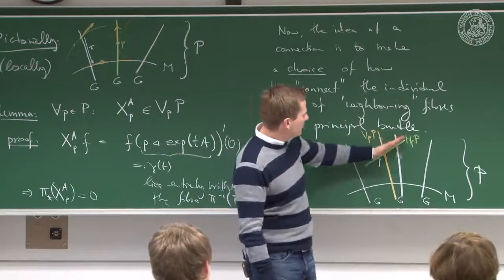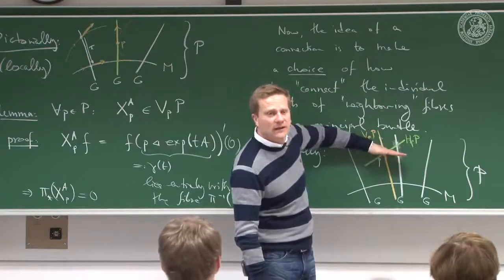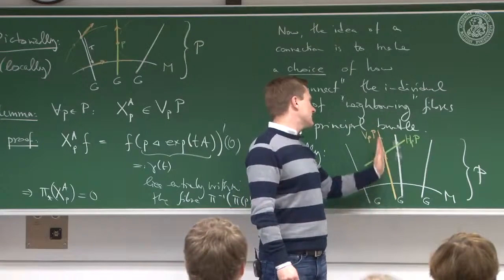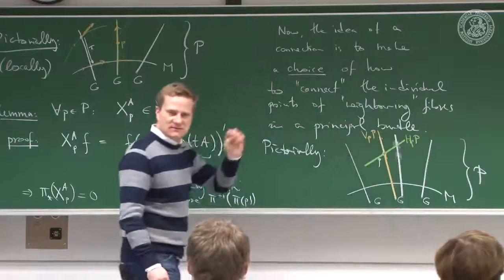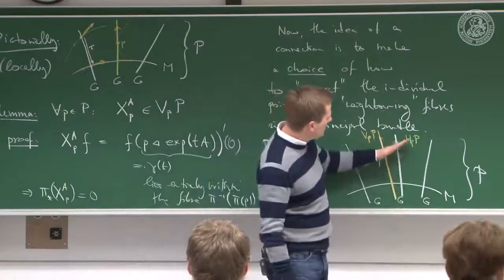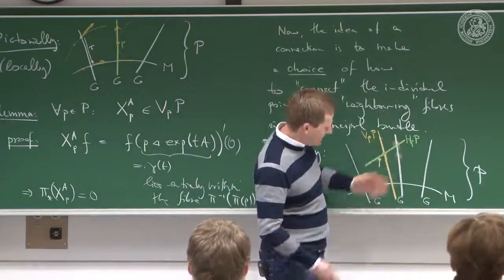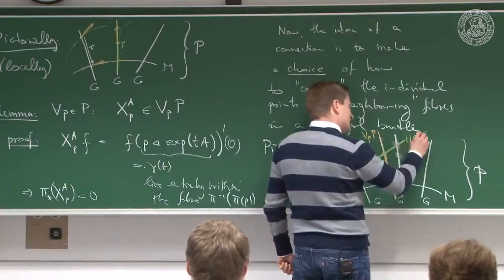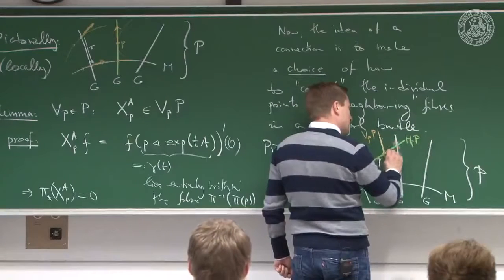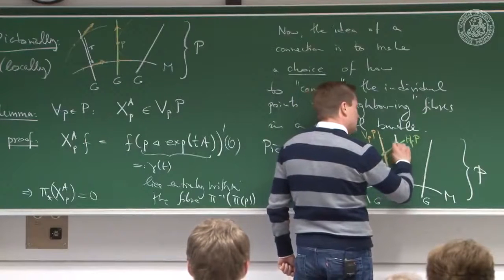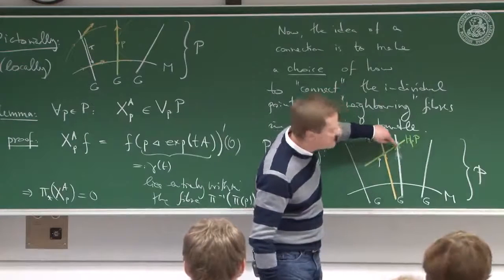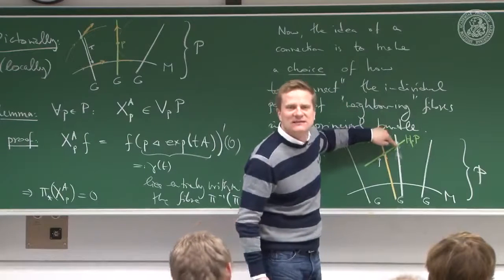Okay, so I choose a complementary subspace here, H_P P. And of course, I could have chosen a different one and a different one. The only one I cannot choose is the one that intersects this V_P P, so that it's not a complementary subspace. Okay? And now you see, of course, this is a subspace of the tangent space at this point, so it's an abuse to say that this arrow points to this point in the fiber, because it doesn't.